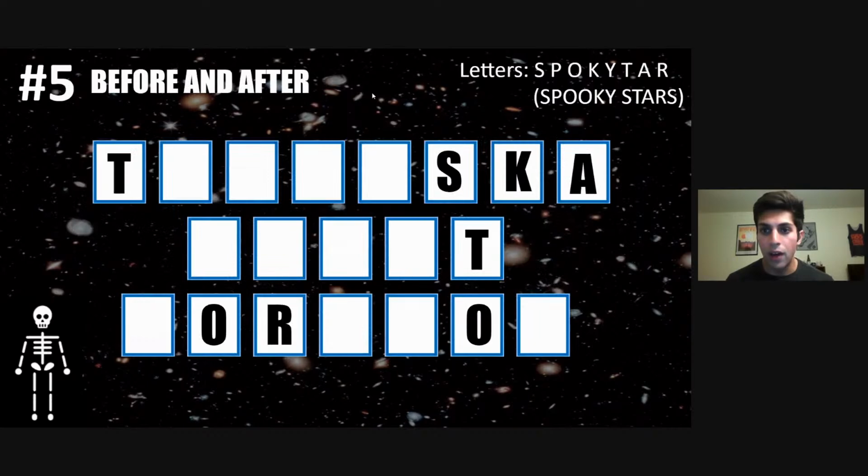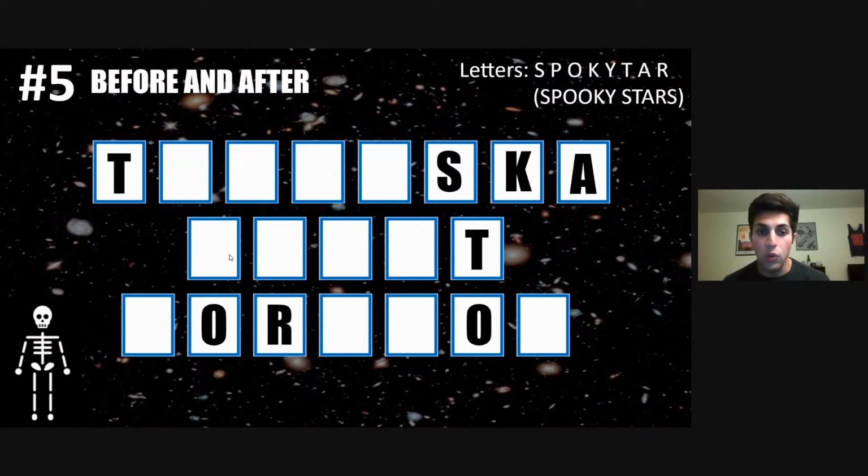Here is number 5. For number 5, we've also taken a page out of the Wheel of Fortune book and made this before and after themed. So for those of you who are unfamiliar with Wheel of Fortune, who never watched it at home, what this means is that the middle word here is both the first word of the second term and the second word of the first term.